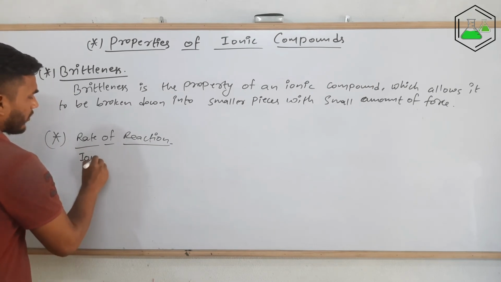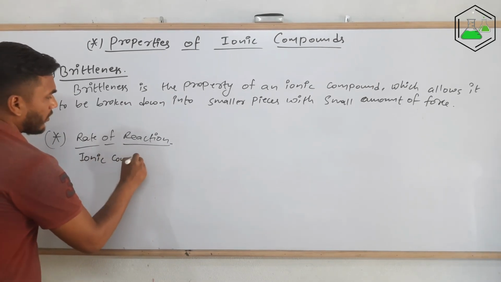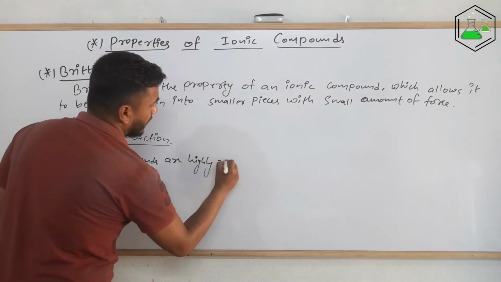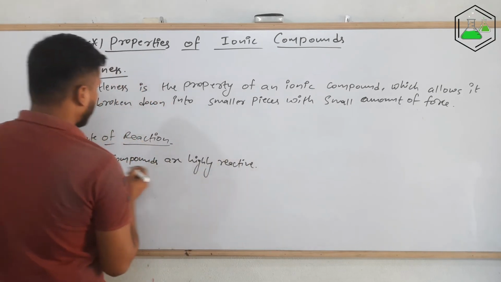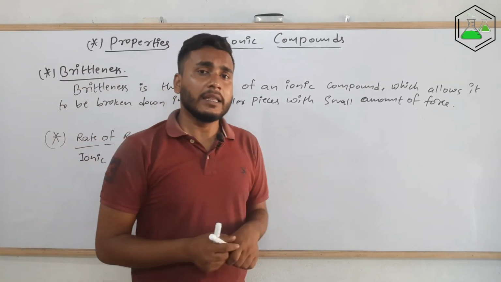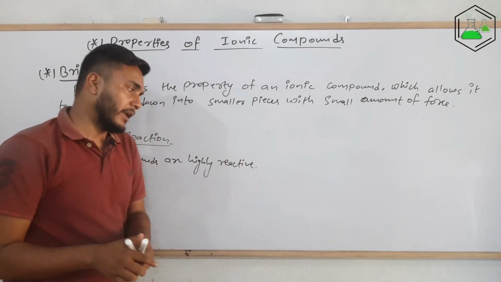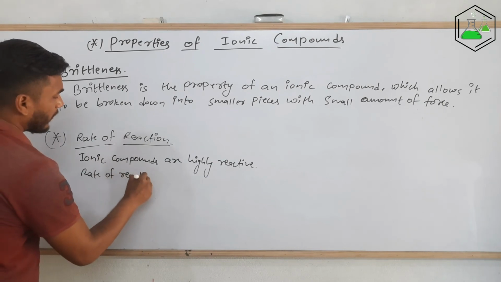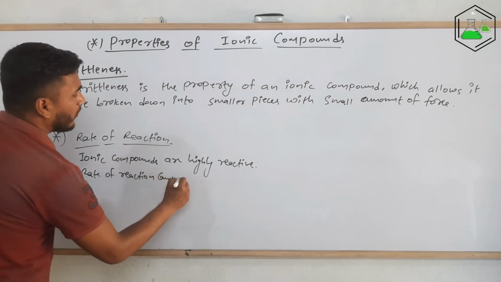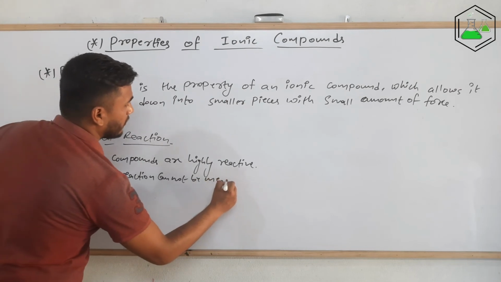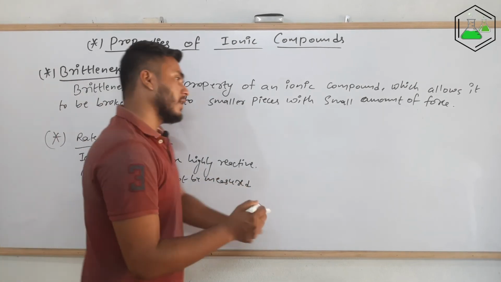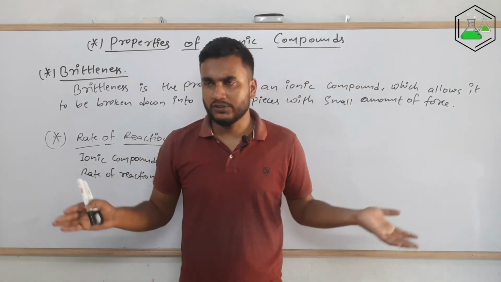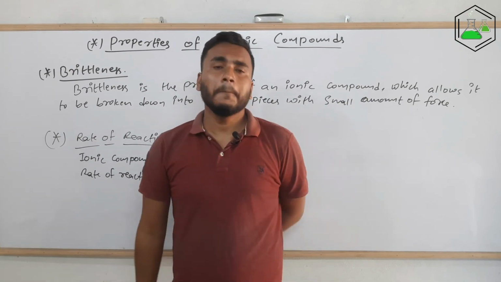Ionic compounds are highly reactive. And if the ionic compounds react very fast, then the rate of reaction cannot be calculated. So rate of reaction cannot be measured. Because the rate of reaction is measured only for slow reactions, and ionic compounds react very fast. So the rate of reaction cannot be measured.